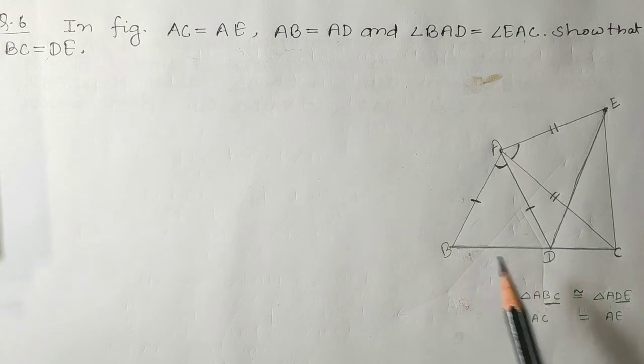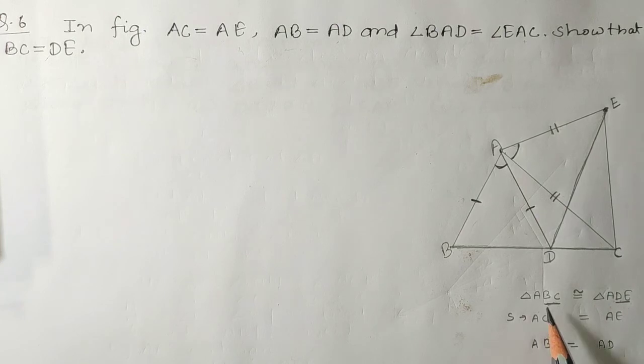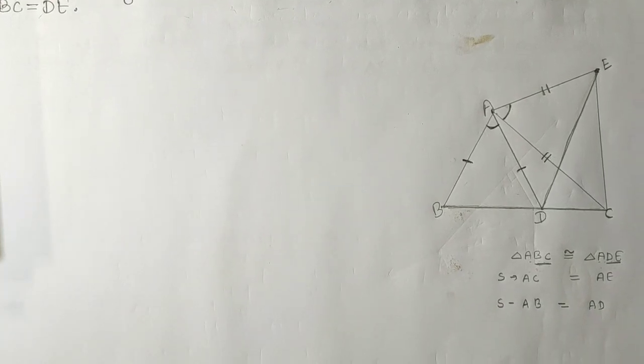Side AB of this triangle is equal to the side AD of this triangle. See, the first two letters are AB and here the first two letters are AD. Okay, so one more side we are having. Now if somehow we find the third element which is equal, we can show that these two triangles are congruent.